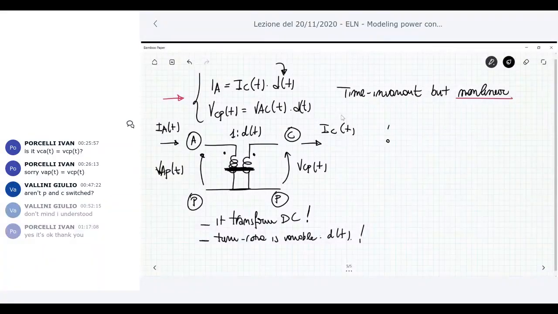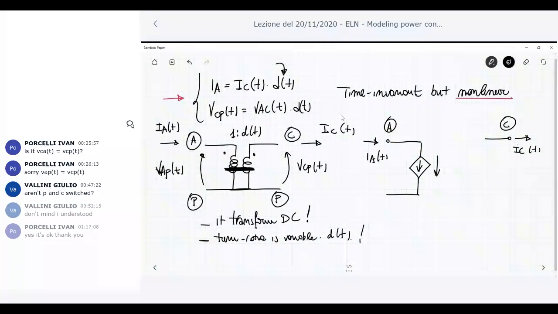For example, you can say that the node A, in which you have the IA current, this IA current depends on the output current, the current exiting from this node, and so you can put here a current-dependent current source, which is IC(t) multiplied by d(t). This is the passive node.